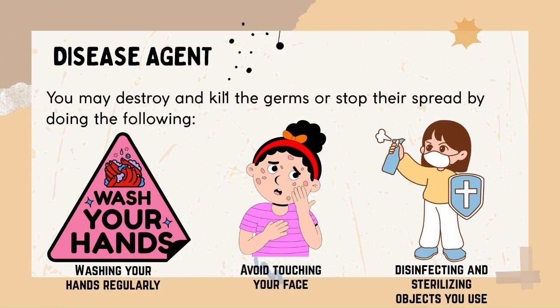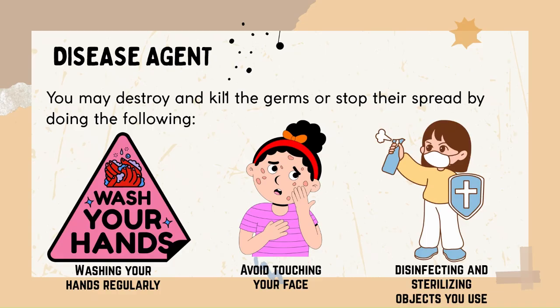So let's go through each link one by one and see what we can do. Number one, disease agent. This is the germ that causes the sickness. So you may destroy and kill the germs or stop their spread by doing the following. One, you need to wash your hands regularly.